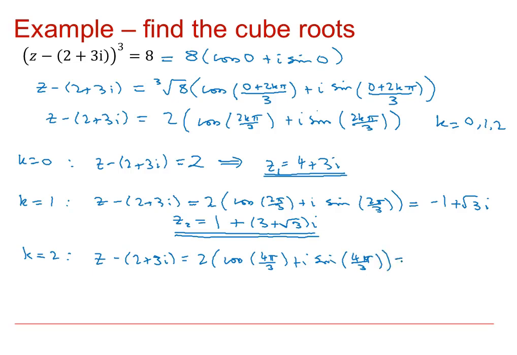Which simplifies to minus 1 minus root 3 i, and therefore we can rearrange for our third solution, which I'm going to call z3, and z3 is 1 plus, and collecting the imaginary parts together, we get (3 minus root 3)i. So we now have the 3 solutions to the original problem.